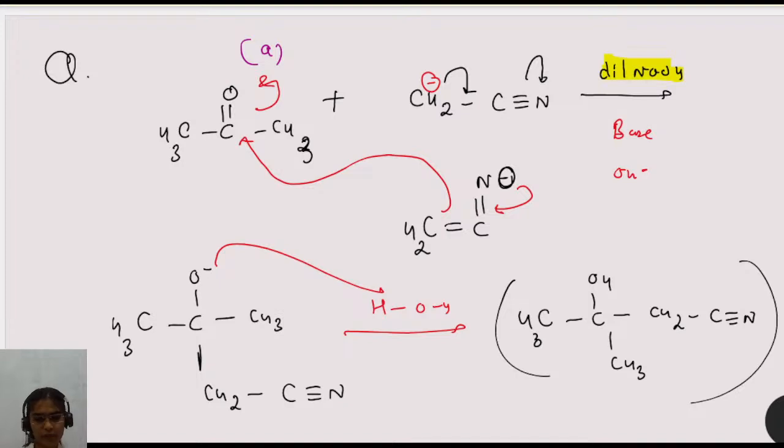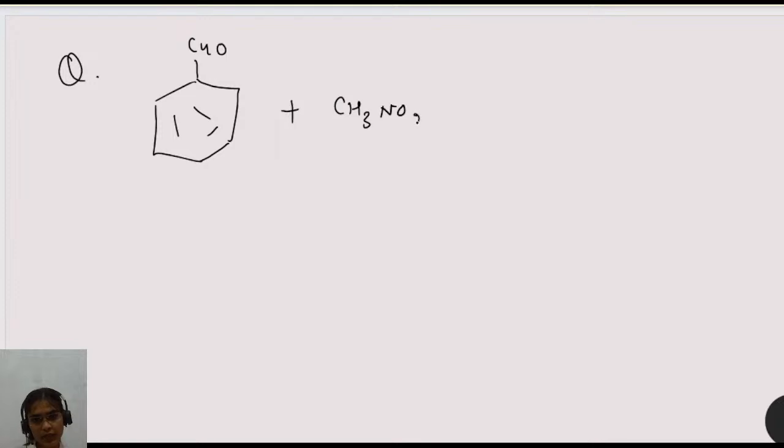Now let's see one more question. For this one you will tell me. Last type, same aldol type you can solve. This is a benzaldehyde. For this one I'm going to give you some options as well. It has a CH3 and NO2. Think about it and then let me know the answer, take 1.5 minutes. Then answer the question. What is the final answer?